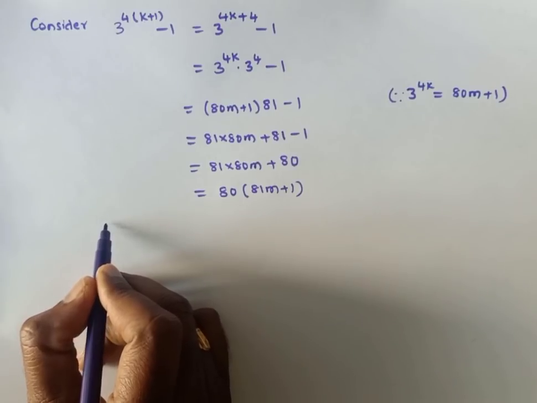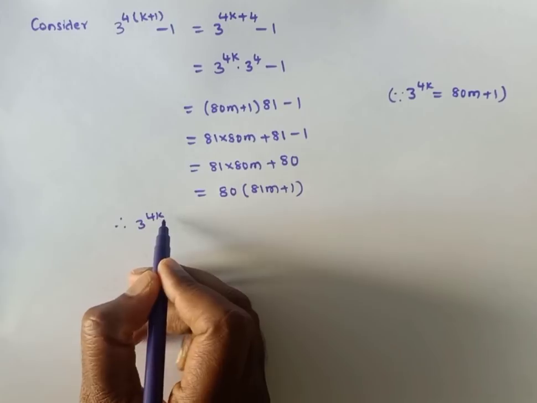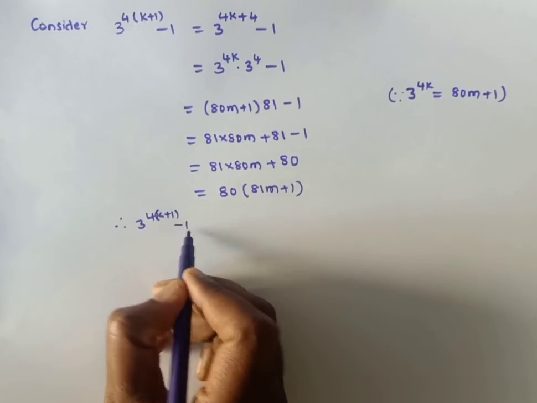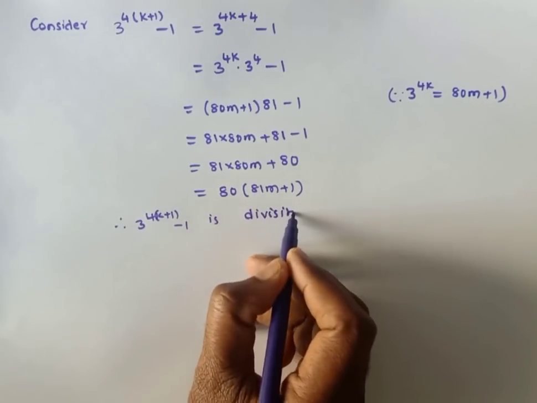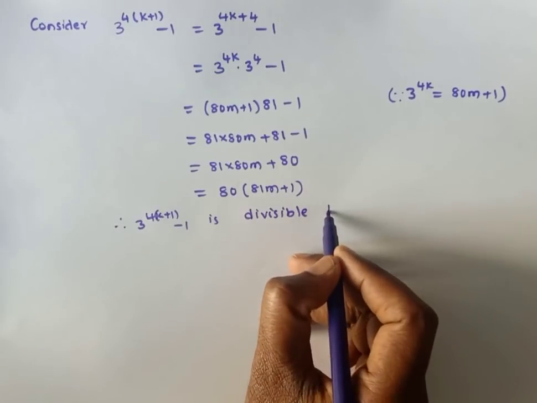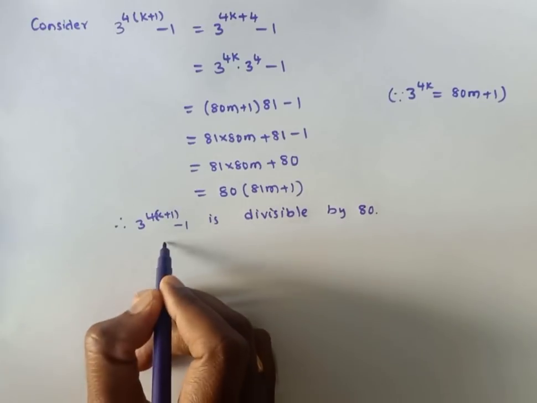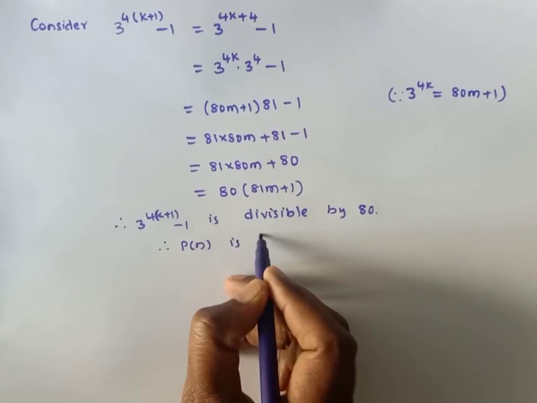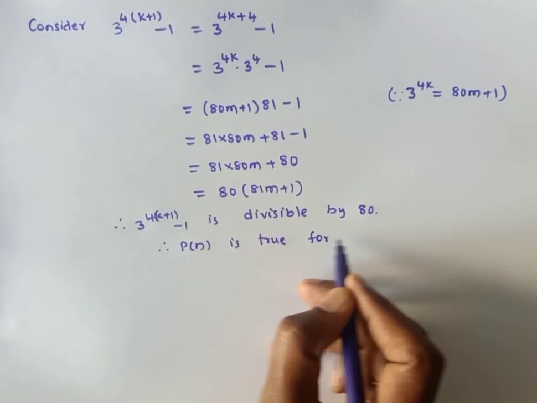Since m is a natural number, therefore 81m plus 1 is also a natural number. So this implies 3 to the power of 4 times k plus 1 minus 1 is divisible by 80. Therefore P of n is true for n equals k plus 1.